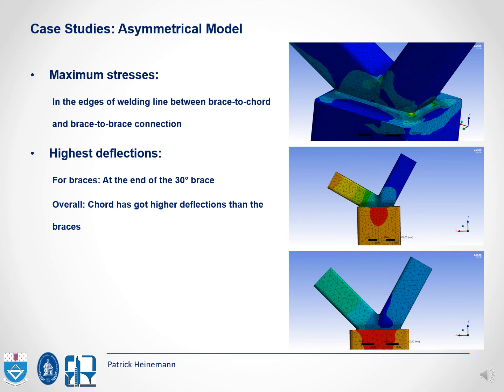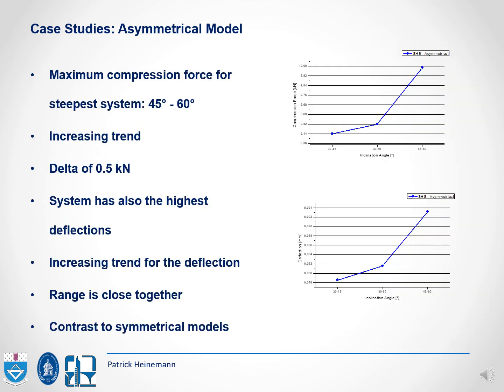The highest deflections are at the chord system, and for the braces especially there is the highest deflection for the 30-degree system. The maximum compression force is for the steepest system, which is the 45-60 system. You can see it here.